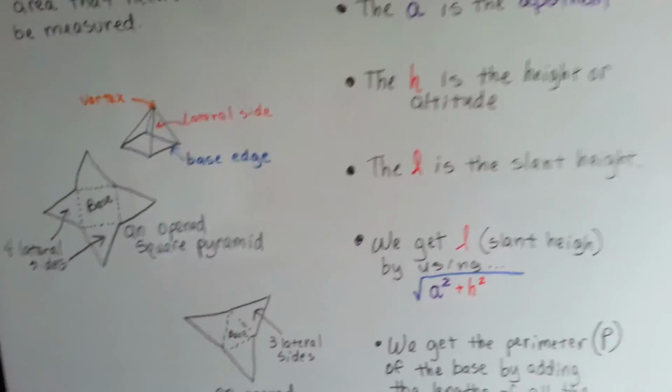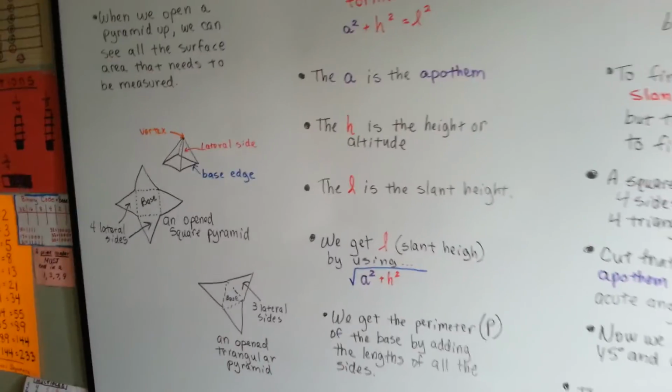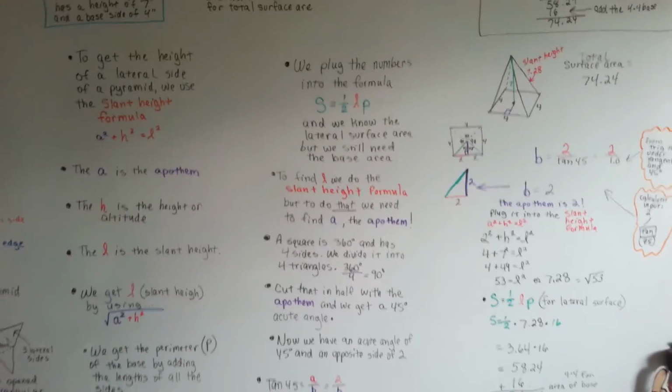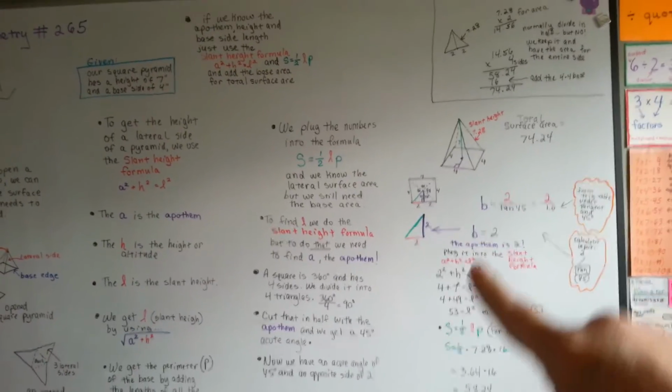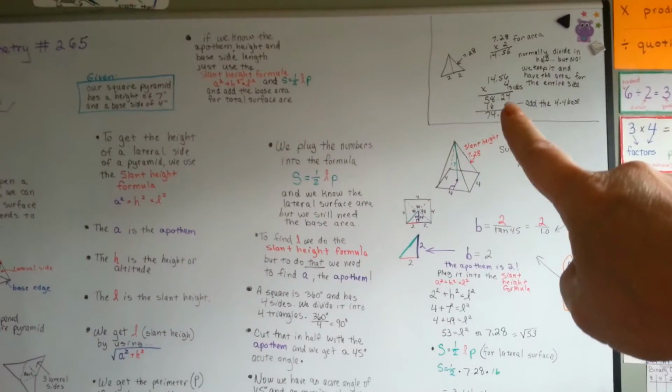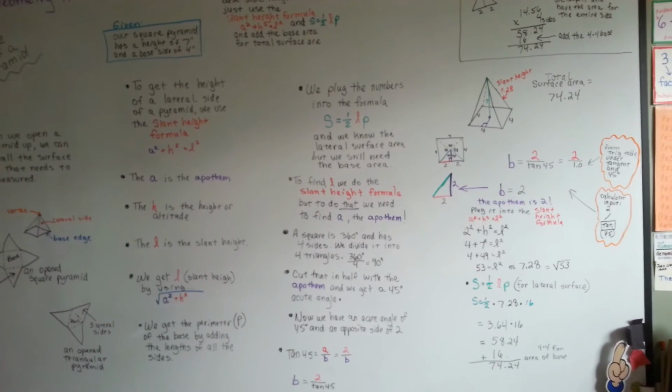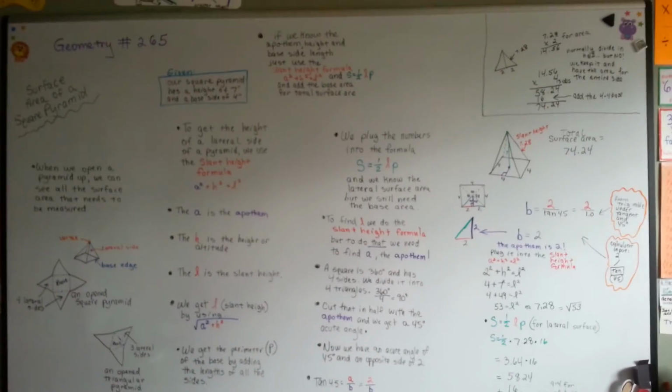So that is how you find the surface area of a square pyramid, and that is how you can do it using common sense going this way, or using their formula if they want you to show the work going that way. Okay? No big deal.